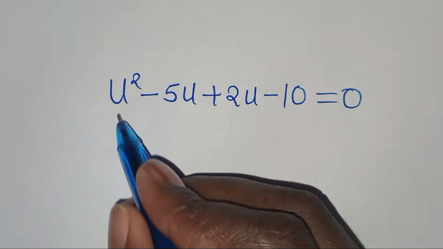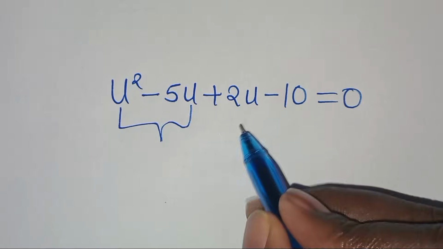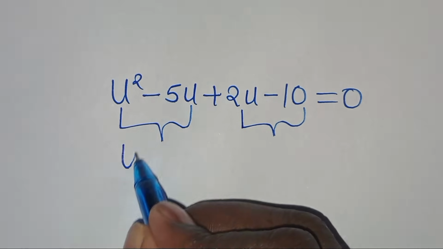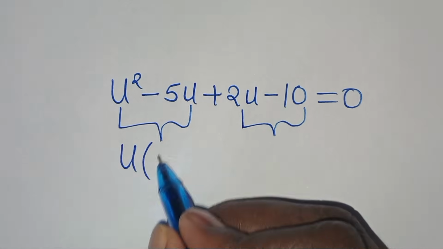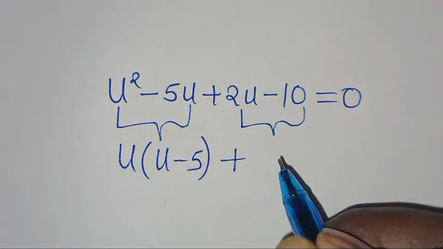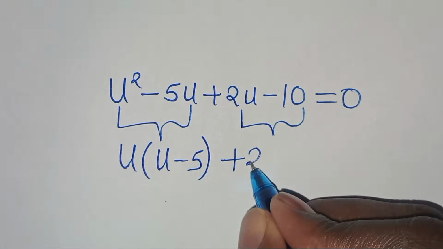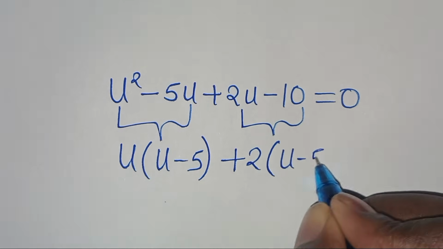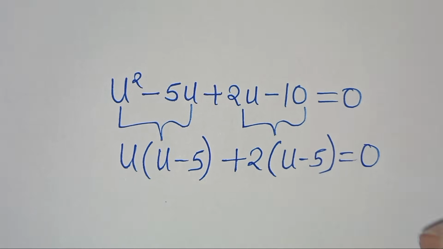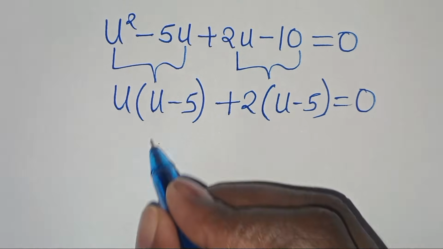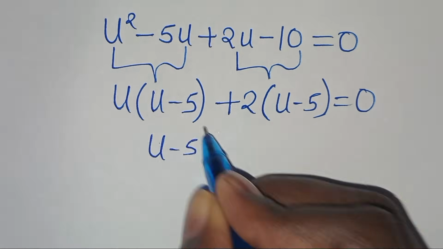Now here we have got two parts. From the first part, u is common, so we can factor out u so that we have u, subtract 5, then plus. Here we have that 2 is common, we can factor out 2 so that we have u minus 5. This is equal to 0. So we have u minus 5 is common here, so we can factor out u minus 5.